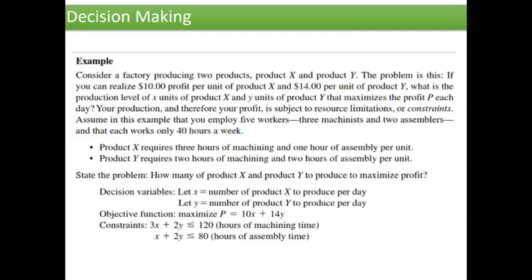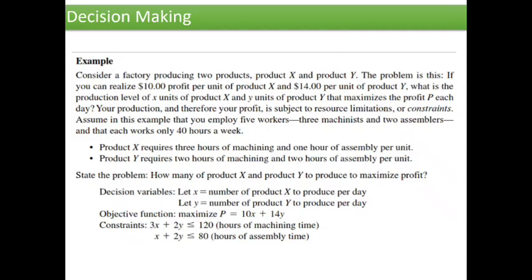Consider a factory producing two products, product X and product Y. The problem is this: if you can realize $10 profit per unit of product X and $14 per unit of product Y, what is the production level of X units of product X and Y units of product Y that maximizes the profit P of each day?